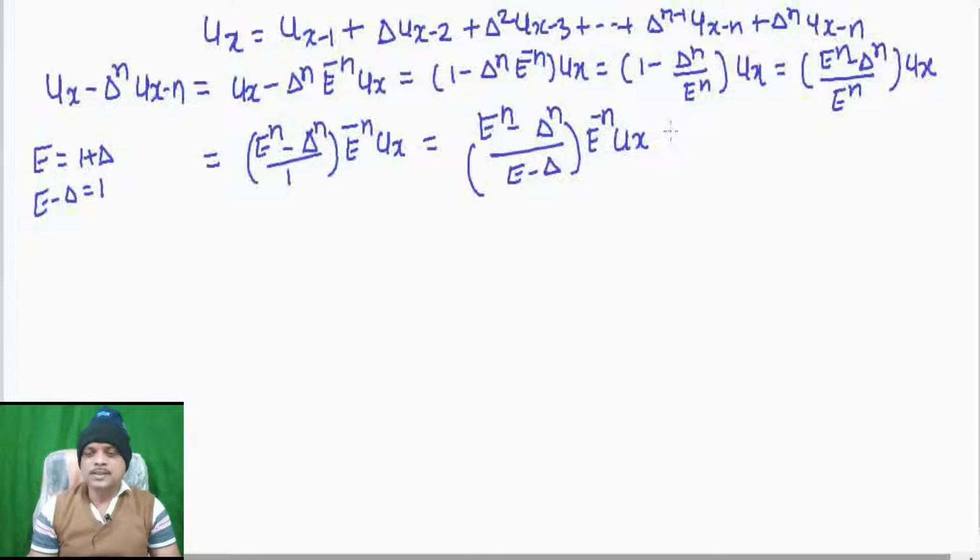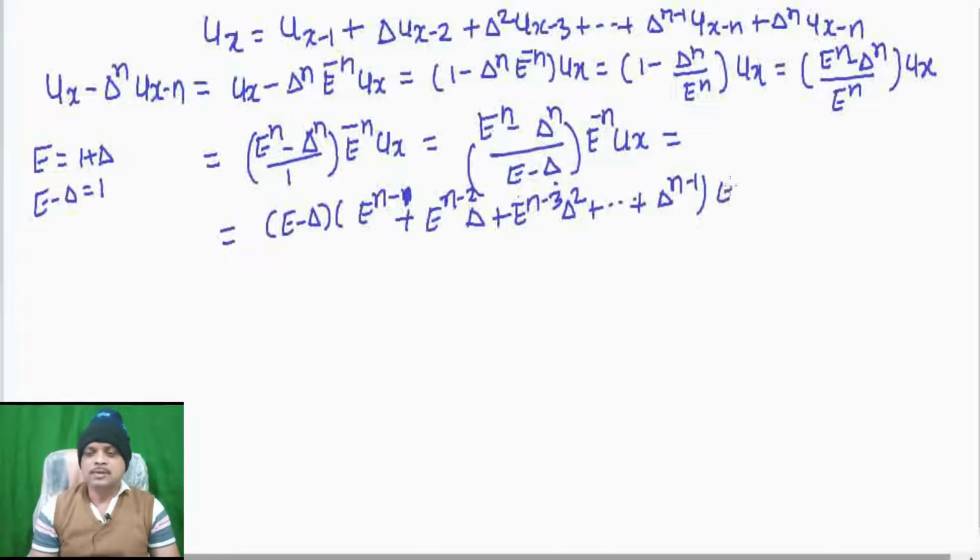So this is equal to, now taking e minus delta as one factor, the second factor is e raised to n minus 1 plus e raised to n minus 2 into delta plus e raised to n minus 3 into delta square plus delta raised to n minus 1, into e raised to minus n into ux, divided by this denominator e minus delta.